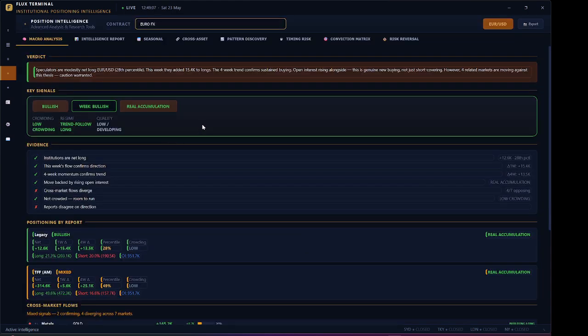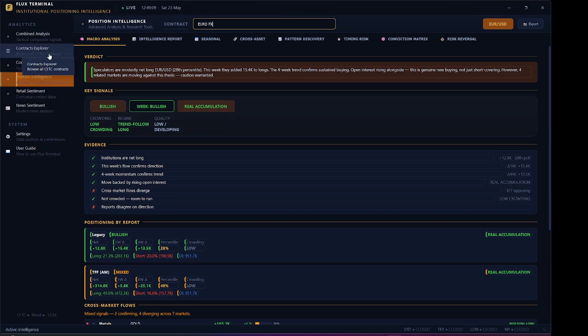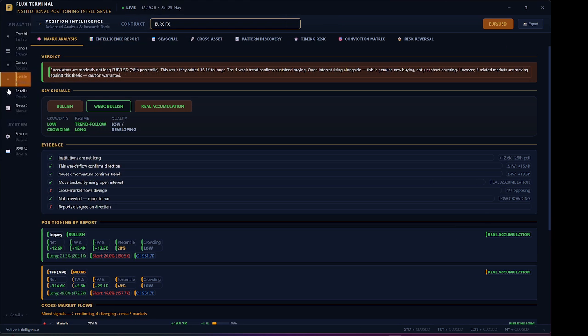Click on Euro USD. You know the contract explorer, where you can explore all the contracts, and then you can go to the contract summary, which gives you a focus inside the contract, analyzing all the different reports for the contract you've selected.